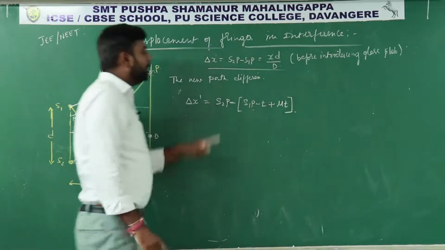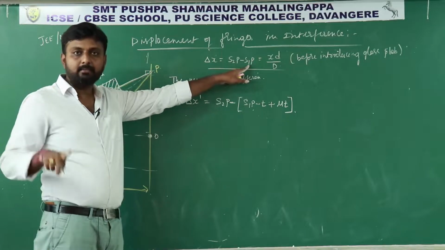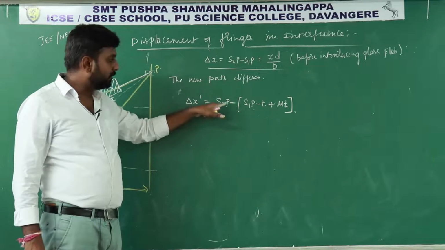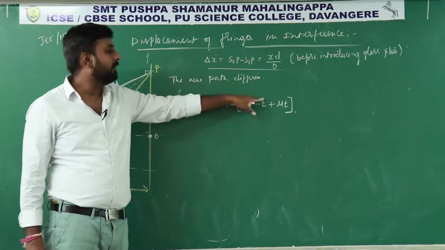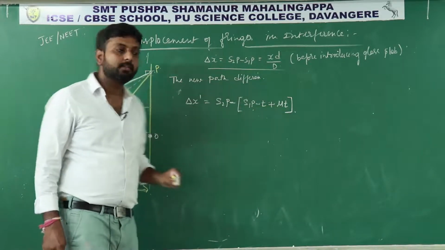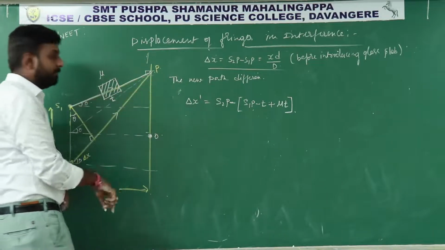So S1P is the path difference before introducing the glass slab. After introducing the glass slab, the path difference becomes S2P minus, S1P minus t, which is the distance travelled in air medium, and this is the equivalent air distance, that is mu t. This distance also we have to convert in terms of air medium.